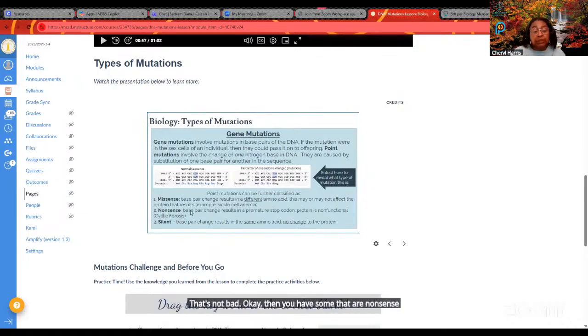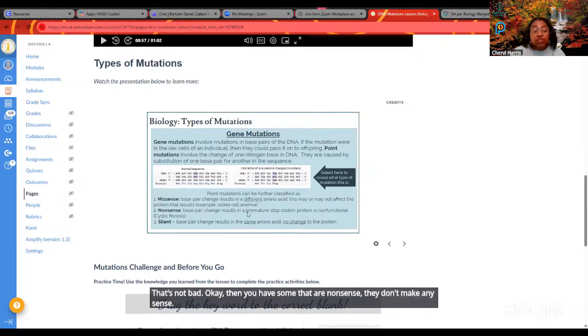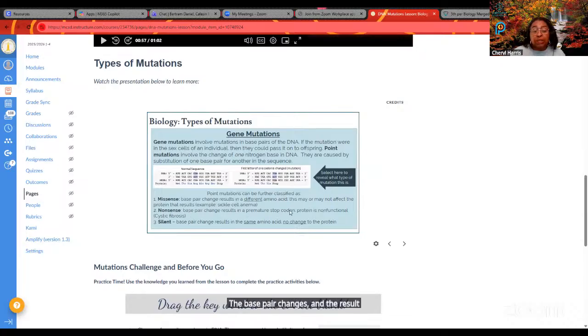They don't make any sense. The base pair changes and the result means a premature stop codon. So the protein is non-functional, which means we had three different ways that we could stop the protein from making.